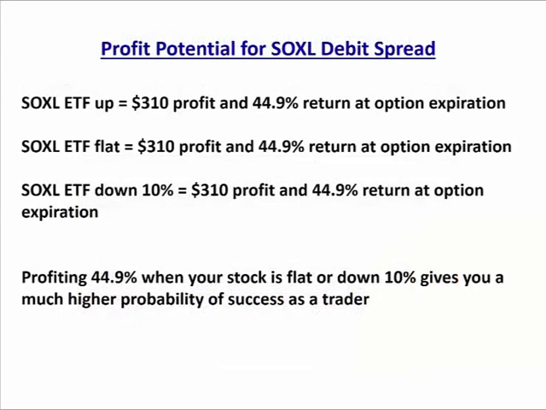So again, if SOXL is up at all, we'll have a $310 profit, 44% return. Same return if it's flat, and if it's down as much as 10%. So profiting 44% when your stock is flat or down 10% gives you a much higher probability of success as a trader.